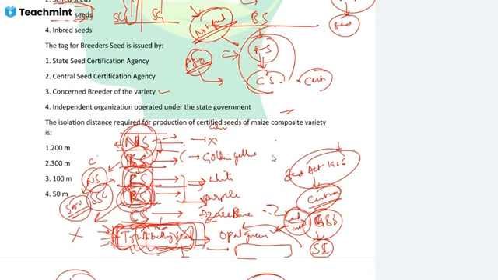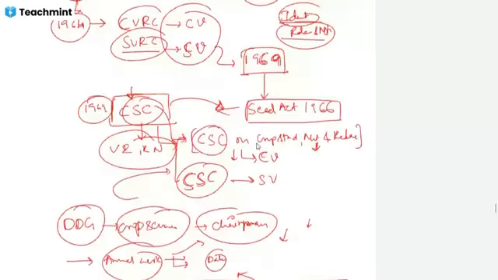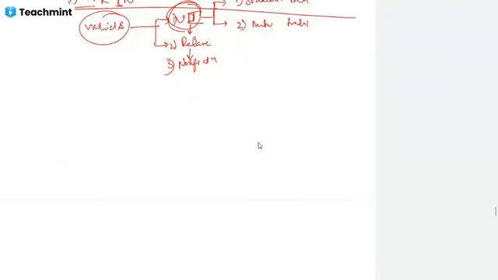Along with maintaining the quality, it should be compulsorily labeled. So that is why we have an important statement in seed technology: though certification is voluntary, labeling is compulsory.